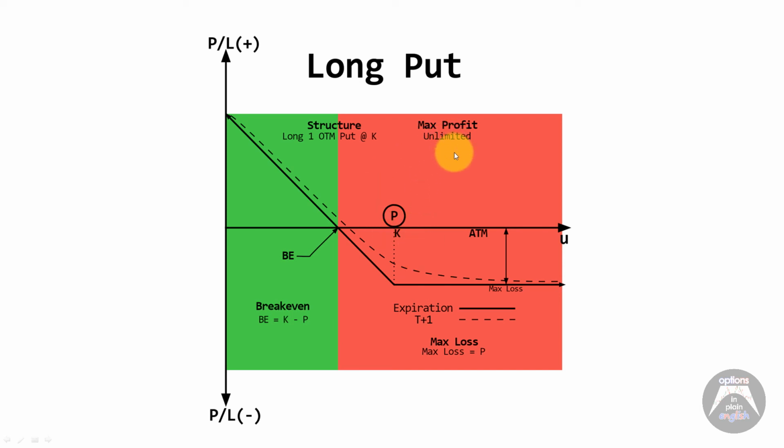The max profit is going to be unlimited, although in reality the stock can only go down to zero. So even though it's unlimited, meaning it's a pretty big number, it's actually bound by zero, which is unlike the call example, where when you buy a call, it can go theoretically to infinity.